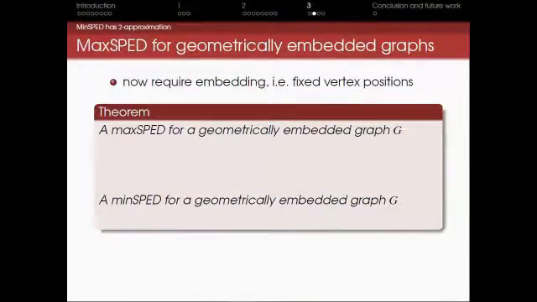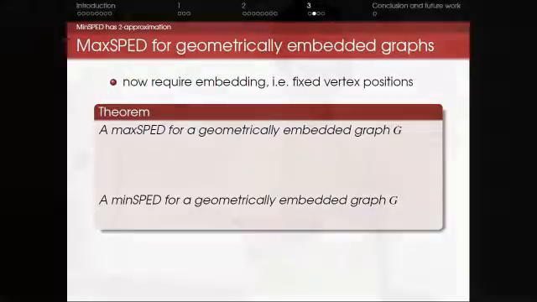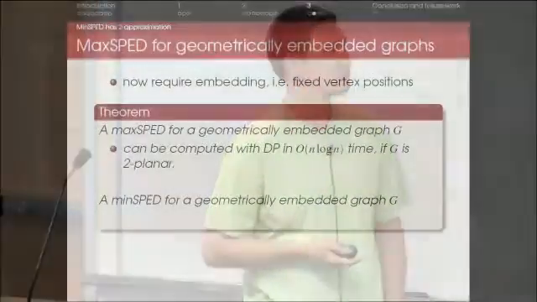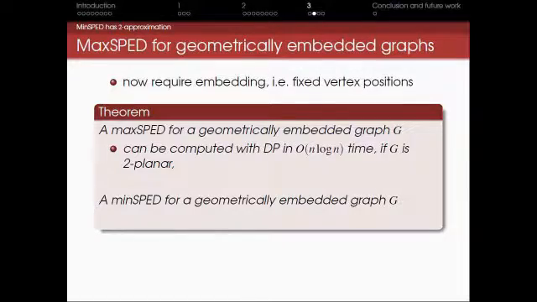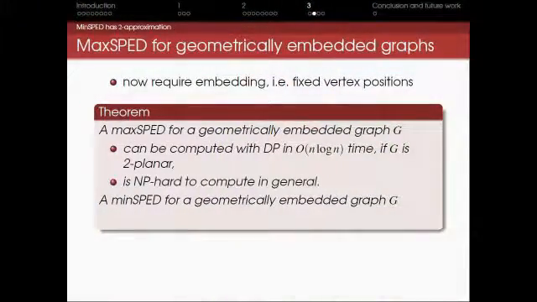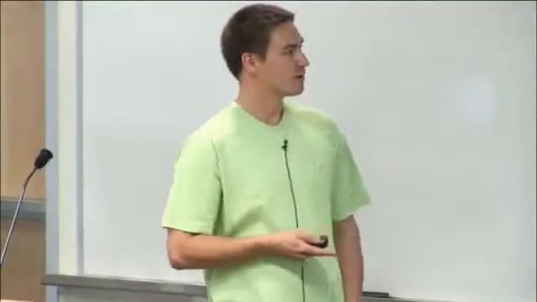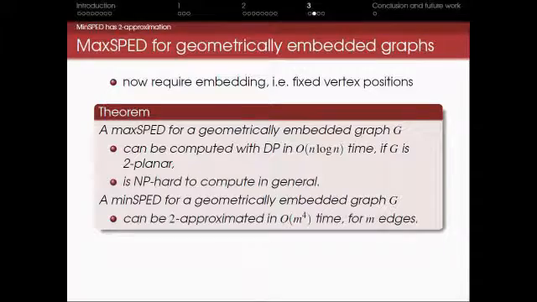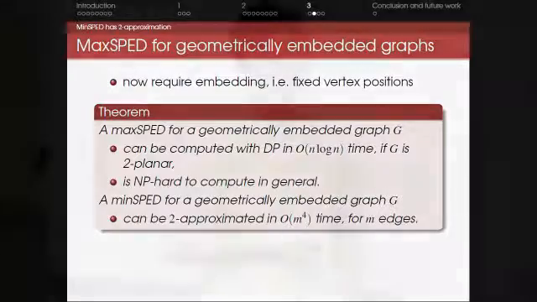And for maximum spread, for geometrically embedded graphs, we know it can be computed by dynamic programming in n log n time if the graph is two-planar and is NP-hard to compute in general. So we consider now the minimum spread, and here we get a 2 approximation in m to the 4 time, where the approximation is quadratic in the number of crossings, and the crossings is quadratic in the number of edges.